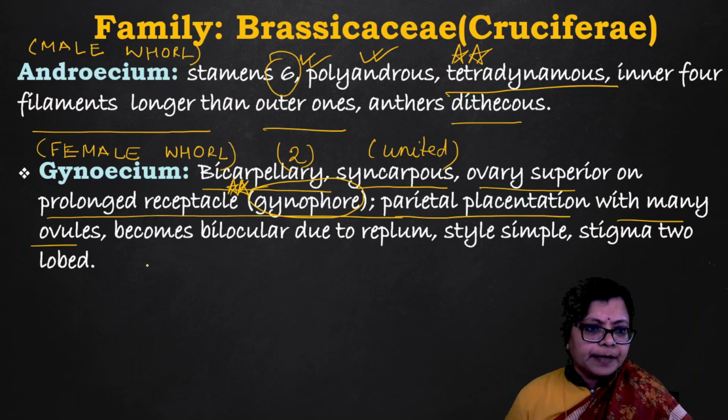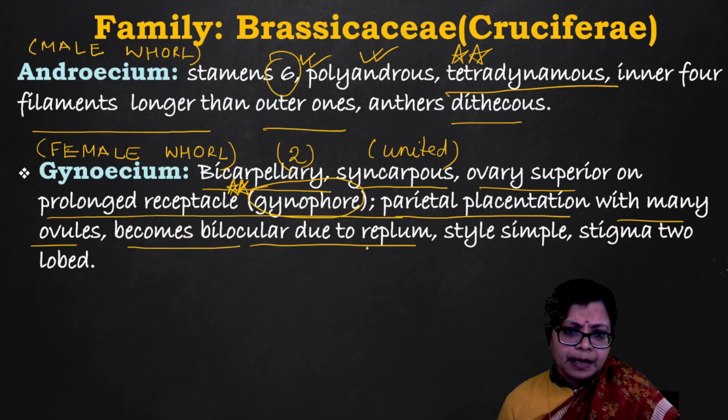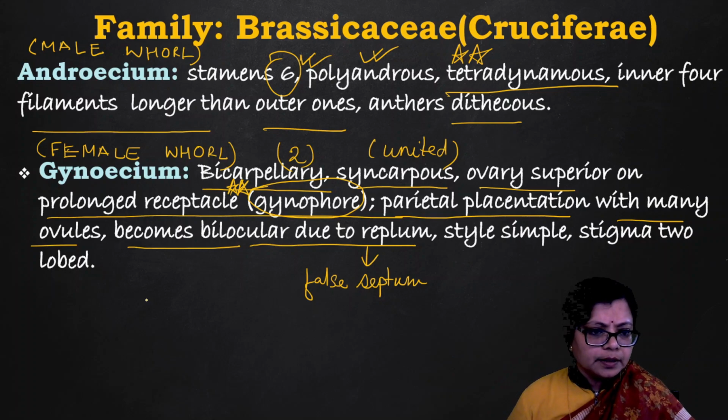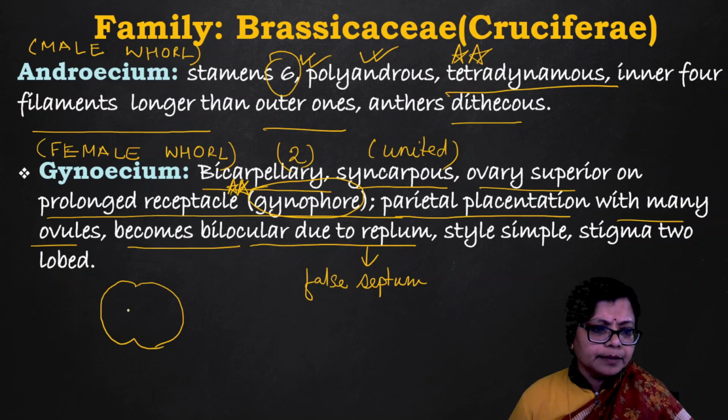I would like to explain. The ovary becomes initially unilocular and then it becomes bilocular due to the replum. What is replum? Replum is the false septum. Style simple, united, stigma two-lobed. Let me draw the parietal placentation for you. Parietal, initially this represents the ovary.